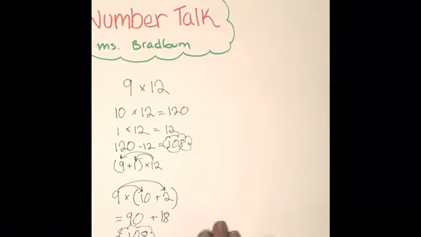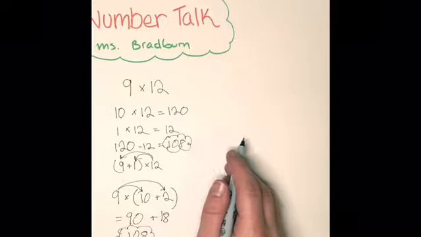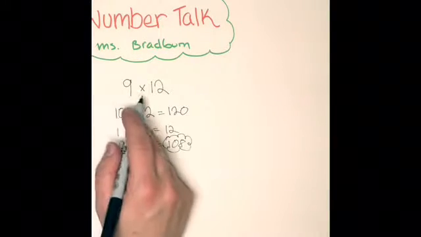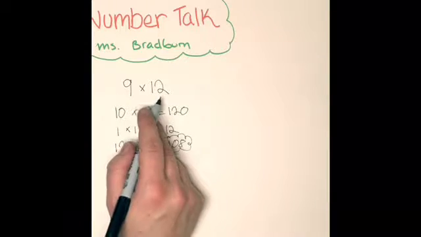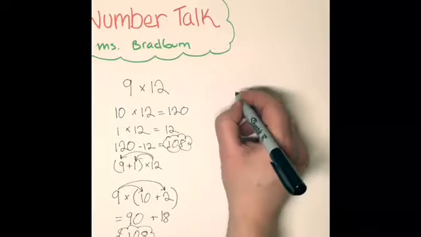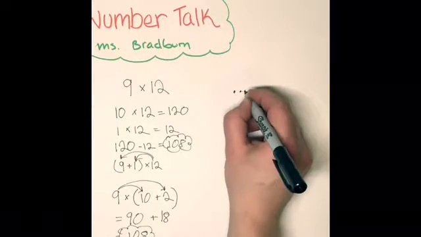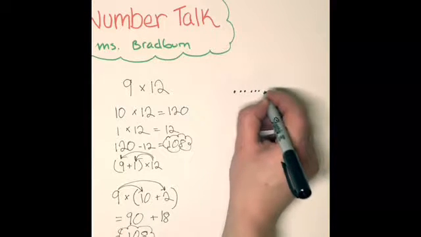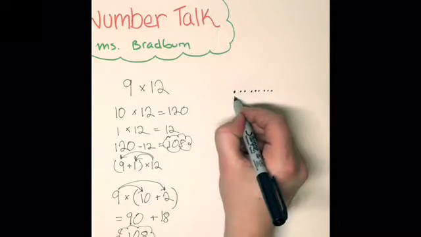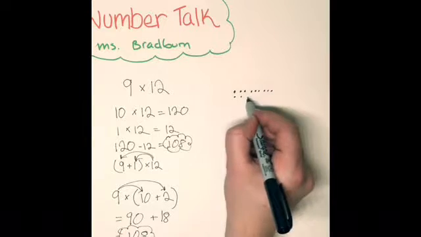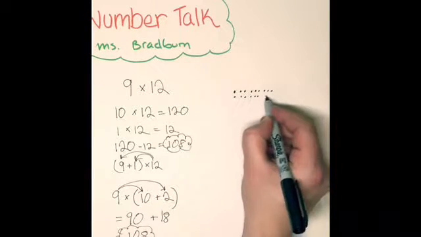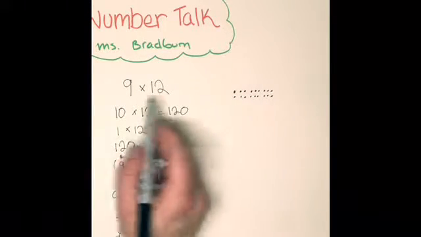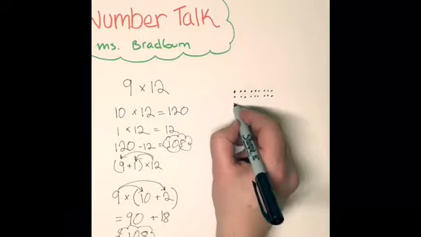A third way students might come about solving this problem is, since both of them are fairly small numbers, they could solve it by drawing a model, such as an array. And if they draw a group of 9, they might draw the same group 12 times to show 12 groups of 9.